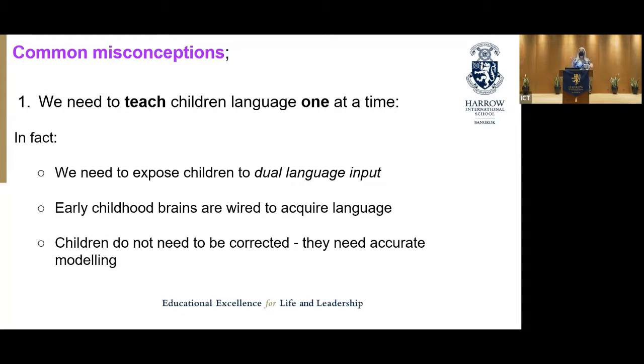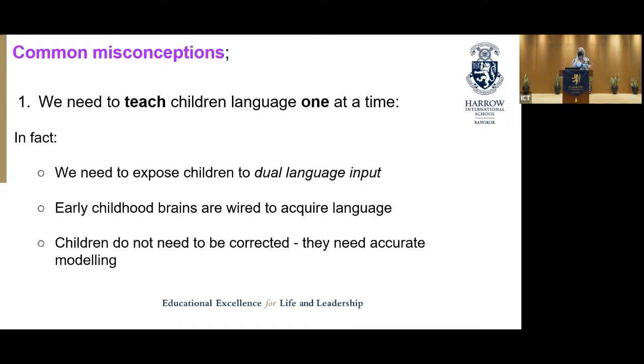If a child is speaking to you in English or in any language, their home language, whatever language they're speaking to you in, and they make a grammatical mistake, or they don't add a plural on the end and it needs to be a plural, or it could be anything like that, they don't need it to be corrected. They just need it modeled back to them accurately, because that will be a way that you're exposing them to accurate language without knocking their confidence and making them feel like they've done something wrong or they've made a mistake.